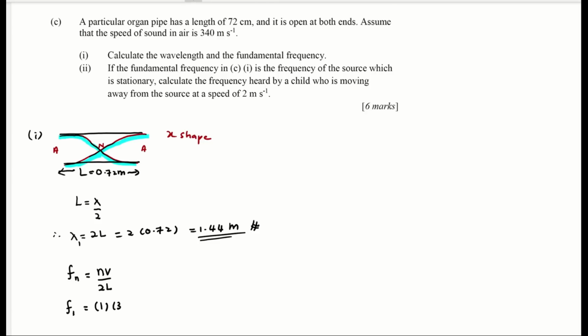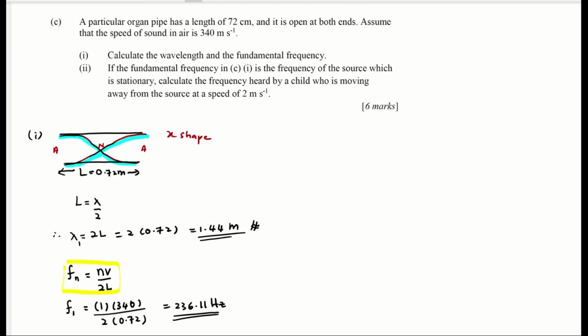V is given as 340 over 2L, L is also given as 0.72. Don't worry, this equation is given at the front, so we just calculate. Finally, the answer is equal to 236.11 Hz.